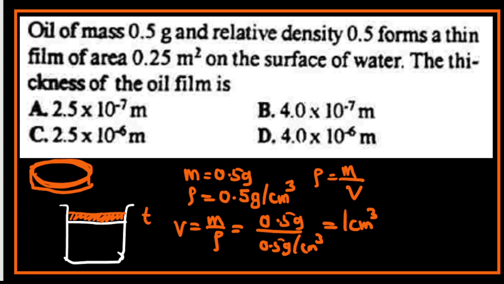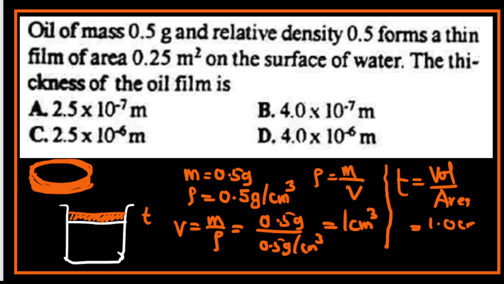You know, volume should be equal to the thickness times the cross sectional area. So in this case, the thickness is going to be the volume divided by the cross sectional area. Since our volume is 1 cm cube, divided by the area.